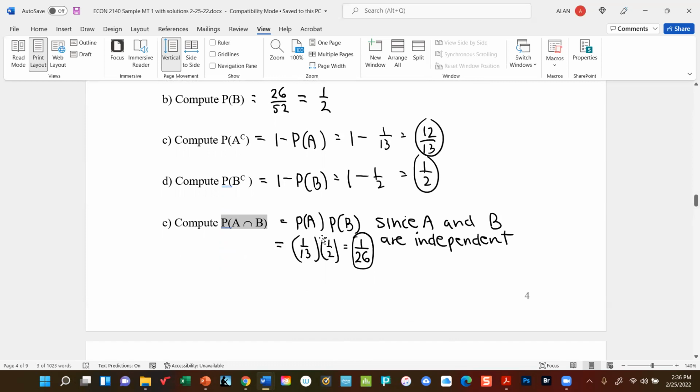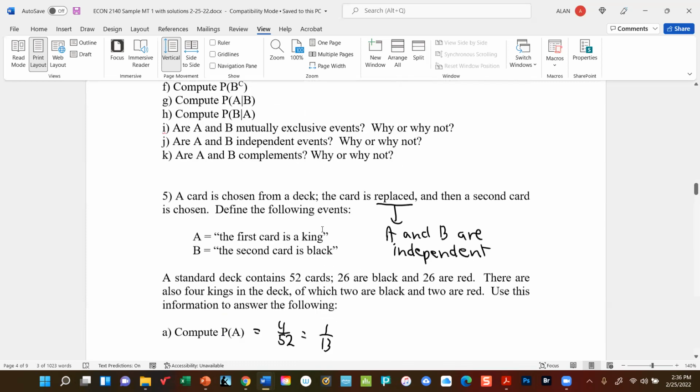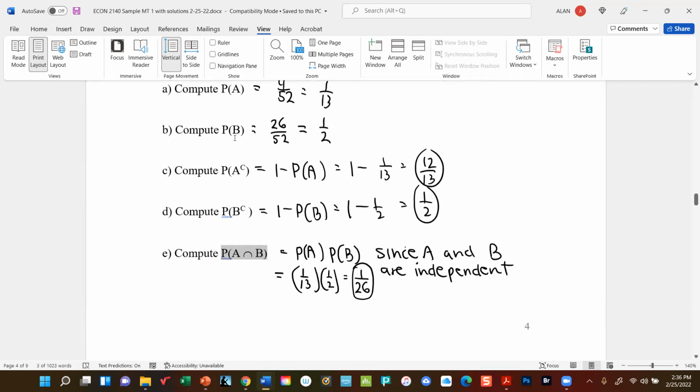But that's true here, as we know, from the fact that the first card was replaced when the second one was chosen. So all of that collectively means that I am able to use the simplified multiplication rule to come up with the answer to part E. In other words, the probability of A intersect B is simply equal to the probability of A times the probability of B.